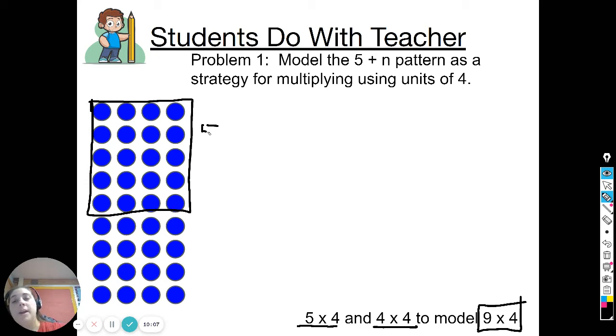So this top array is 5 rows of 4. Go ahead and label that 5 rows of 4.